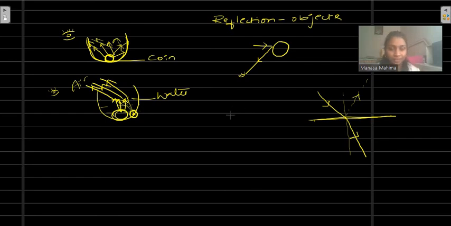Next, I need to take a glass filled with water, and I am placing a pencil inside this. Here, the pencil which I kept inside shows a bent nature, but actually it is not bent; it is because of the phenomenon of refraction.